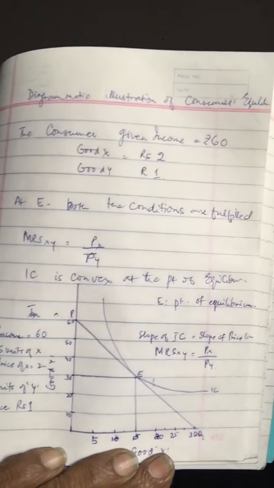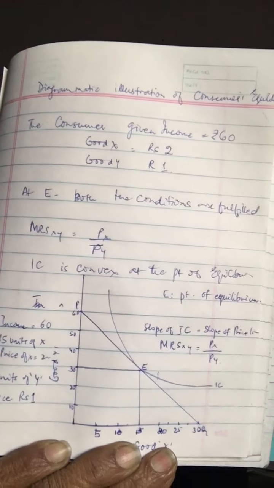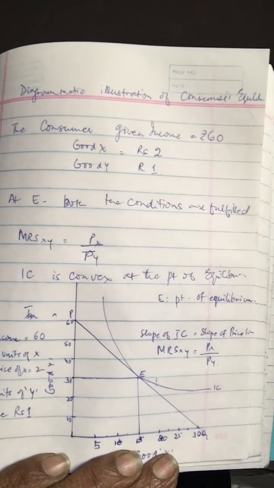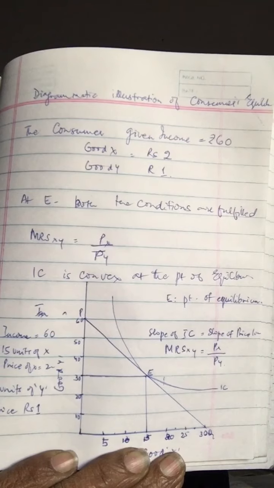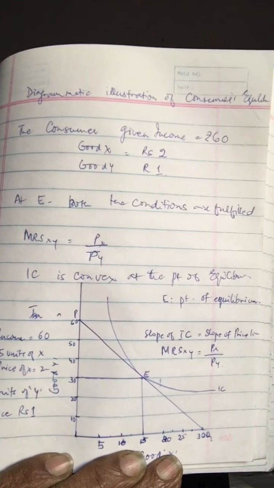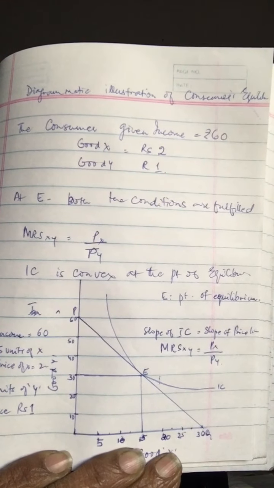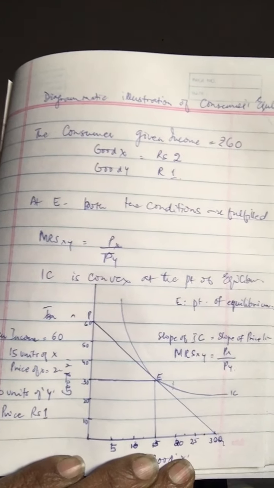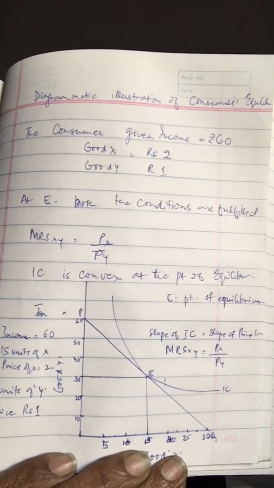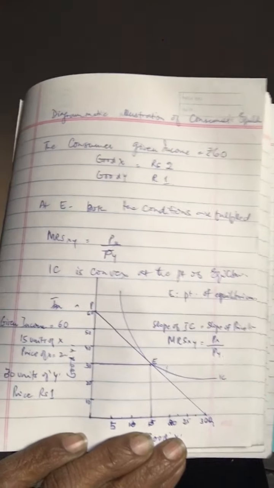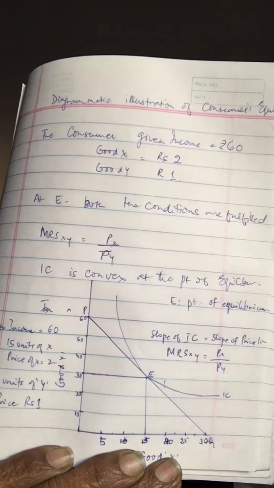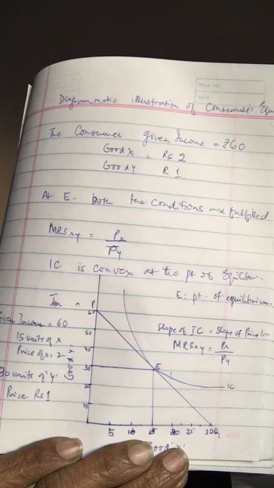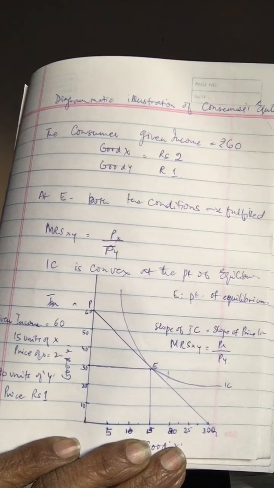Now look at this diagram where the budget line and the indifference curve are given. In this we'll see how both the conditions are fulfilled. The figure offers a diagrammatic illustration of the consumer's equilibrium. It is drawn on the assumption that the consumer is spending his given income, say rupees 60, on good X and good Y only, and Px is rupees 2 and Py is rupees 1.